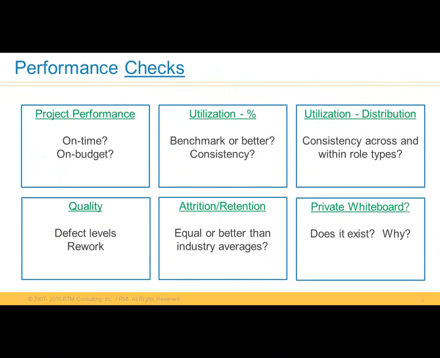And the one thing that's always kind of drove me crazy: I walk into somebody's office who's responsible for managing a portfolio of projects, and I see this private whiteboard with names on it, with circles and arrows going lots of different ways, pointing to different projects.